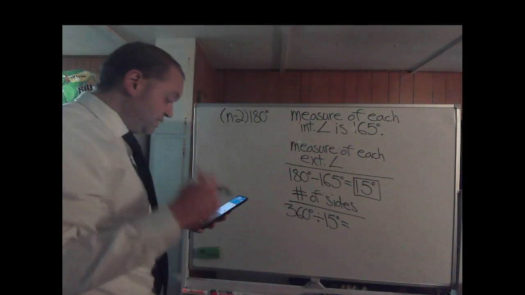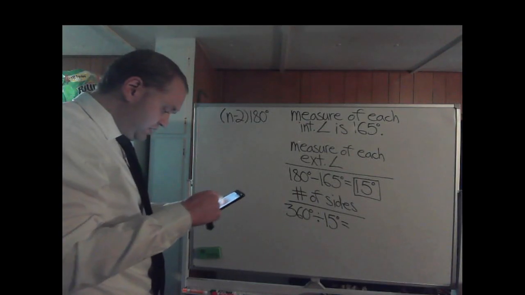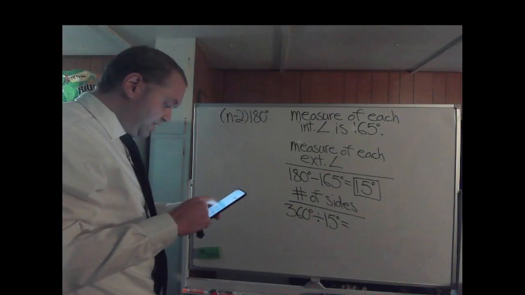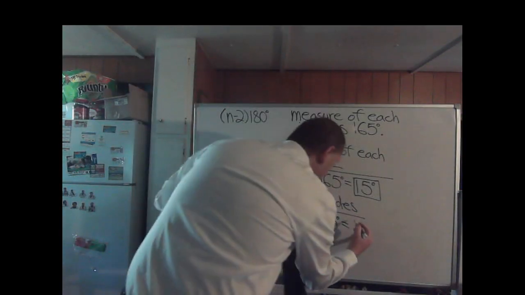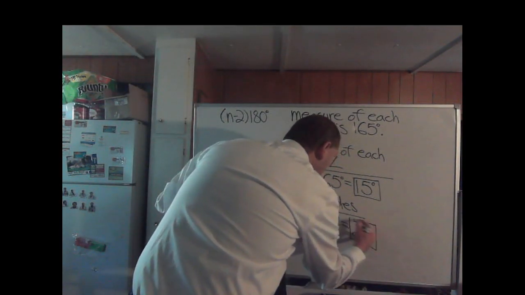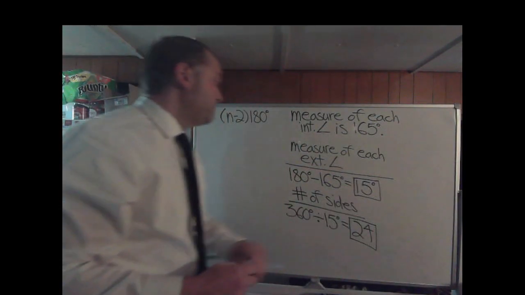Now it's just a simple division problem. What's 360 divided by 15? Okay, good. 360 divided by 15, 24. So this particular regular polygon has 24 sides. So it's a 24-gon.